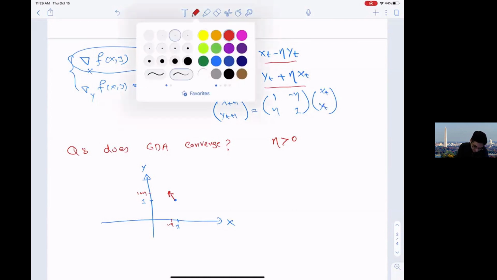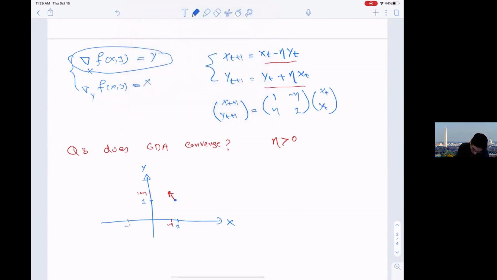Similarly, if you look at, let's say, the point (-1, 1), you can see that you're going to go in this direction. And here you're going in this direction, and here you're going in this direction. It's kind of in a circular fashion. The question is, are these flows drifting you towards the origin, which is your global saddle point, or are you going to move away from the origin?